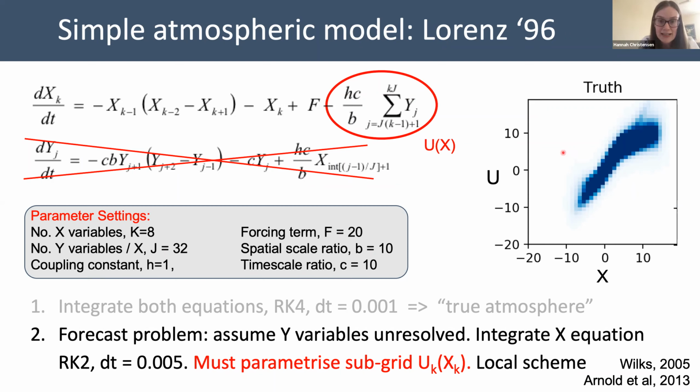And on the right-hand figure here, I'm showing the true distribution of this subgrid tendency U as a function of X. And what you can see is that there's clearly quite a strong dependency of U on X, but that it doesn't collapse onto a deterministic function. So for a particular value of X, there's a range of values of U which would be consistent. And so this is immediately motivating why we might want to take a stochastic approach.